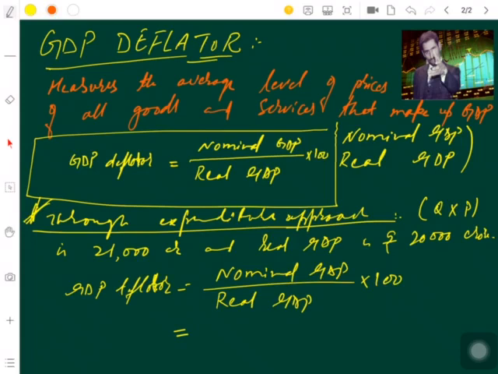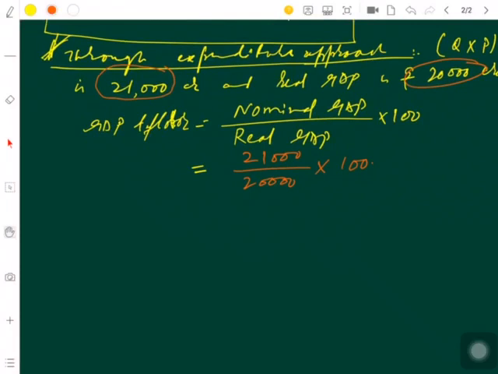Exactly this, 21,000, divided by real GDP, which is 20,000, multiplied by 100, which will be equal to 105.